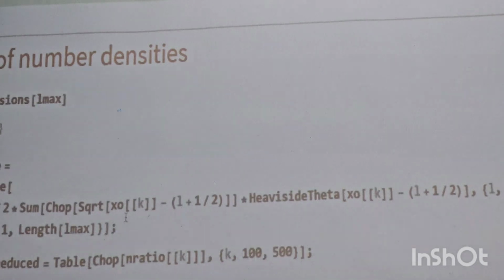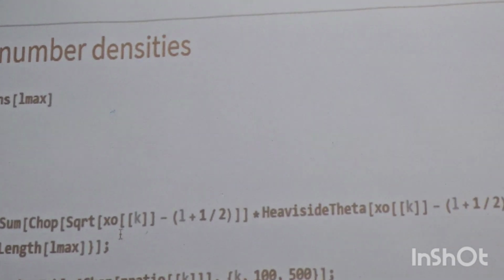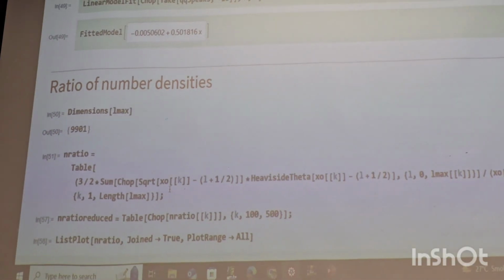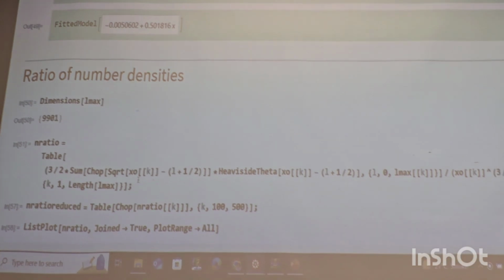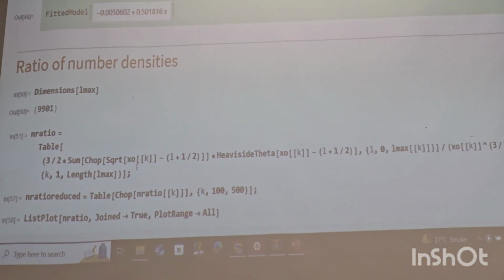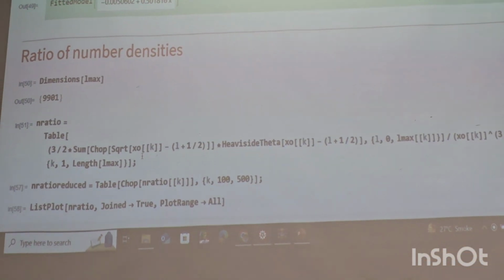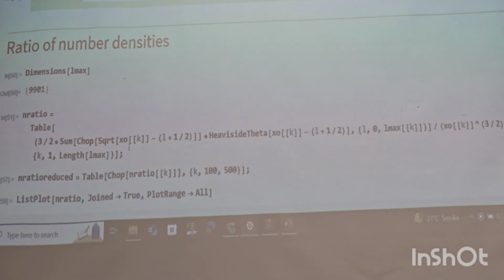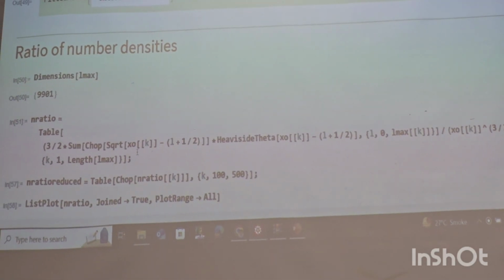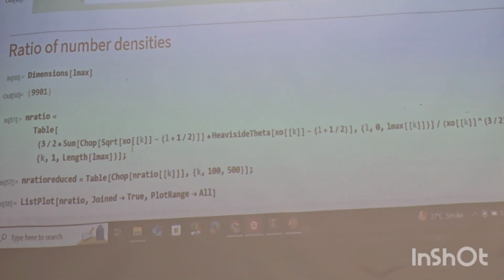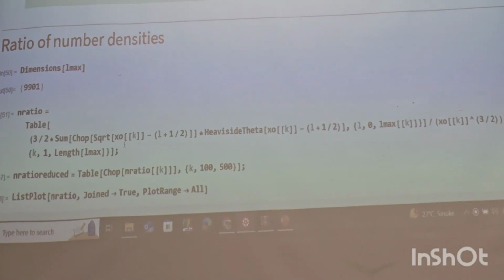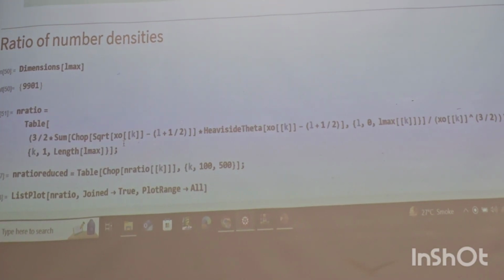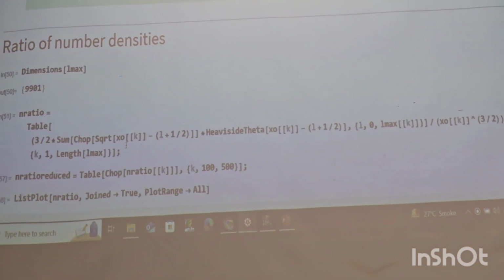So, the ratio of the number densities means that with no field, you know what the number density is. Now suppose you apply a field. How many electrons are there up till the unperturbed Fermi level? Now the Fermi level, in the presence of the field, can go up and down.